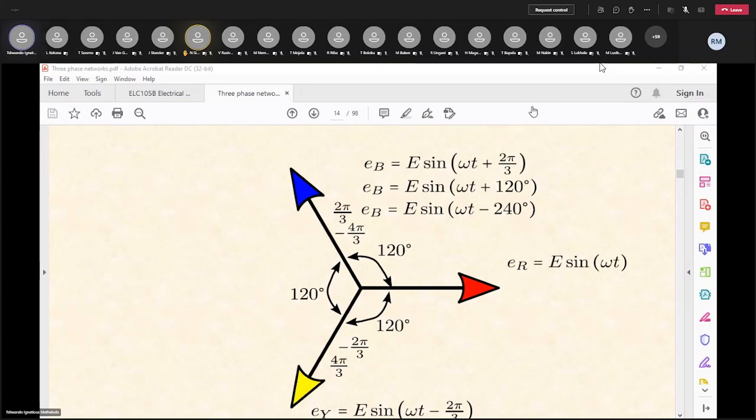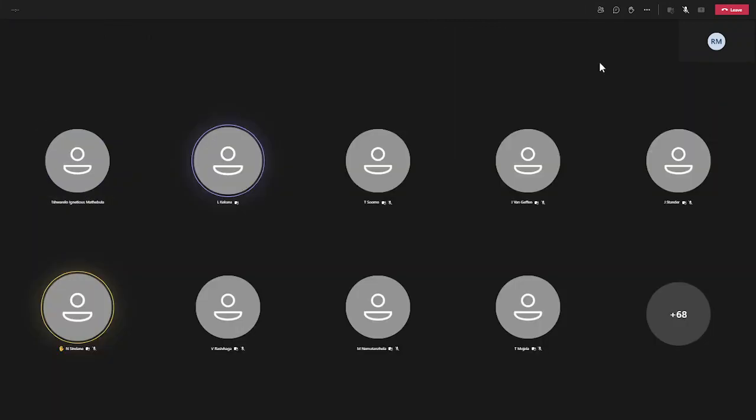Yes, Mr. Gekan. Yes, I want to ask about the single phase power diagrams. Does it vary from the inductor one, the capacitor one, and the resistance, or is it the same power diagram? Let me write it here. So the power diagram is like this.